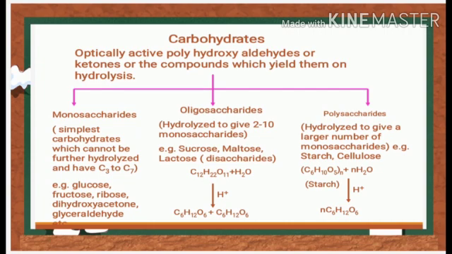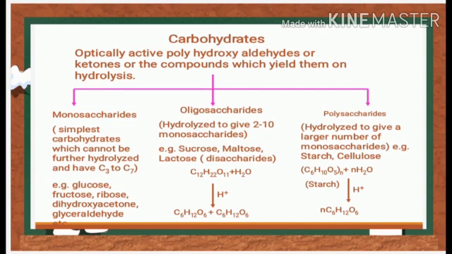For example, disaccharides are carbohydrates which on hydrolysis give 2 molecules of the same or different monosaccharides. For example, sucrose, lactose, maltose. All these have the molecular formula C12H22O11.